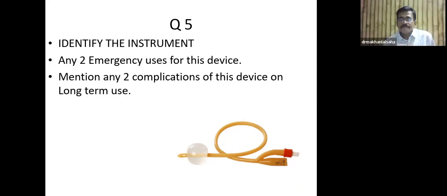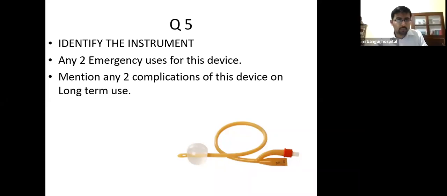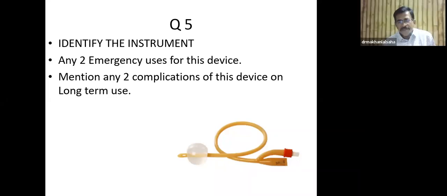Why 20? You see, sir, the balloon capacity mentioned is for when you need to inflate the balloon for some other reason. A simple 10 ml inflation is good enough for retention. When do you need a larger inflation of this balloon?